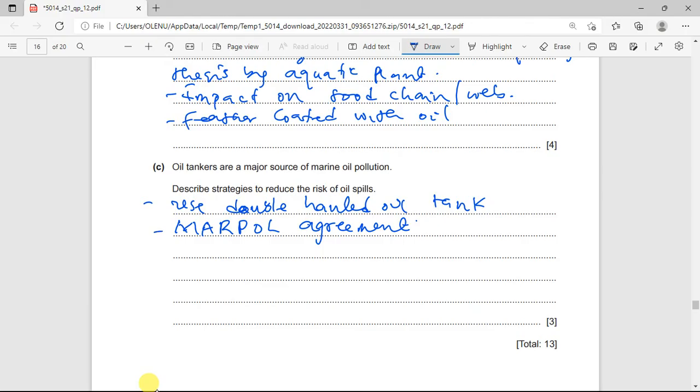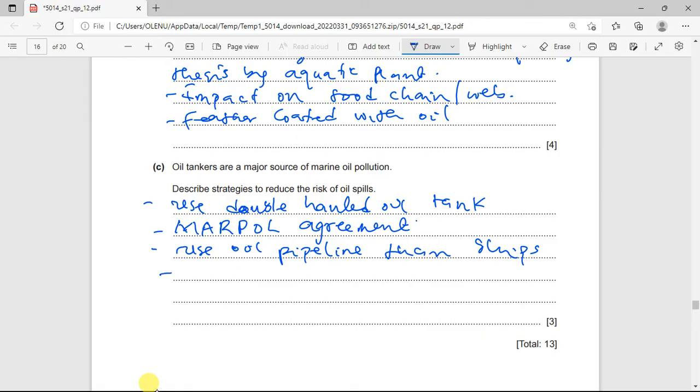You can also prefer to use oil pipelines rather than ships, which is better.